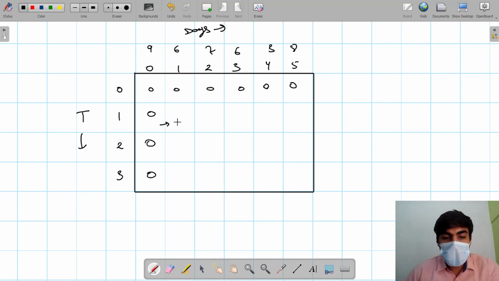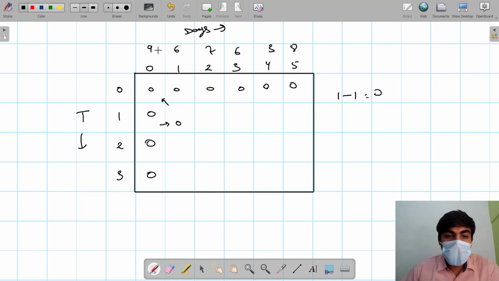So we are putting 0 here, or we are calculating for the previous day with transaction minus 1. Here the day is 1, so the previous day is 0 and the transaction is also 0. So we are checking for that.